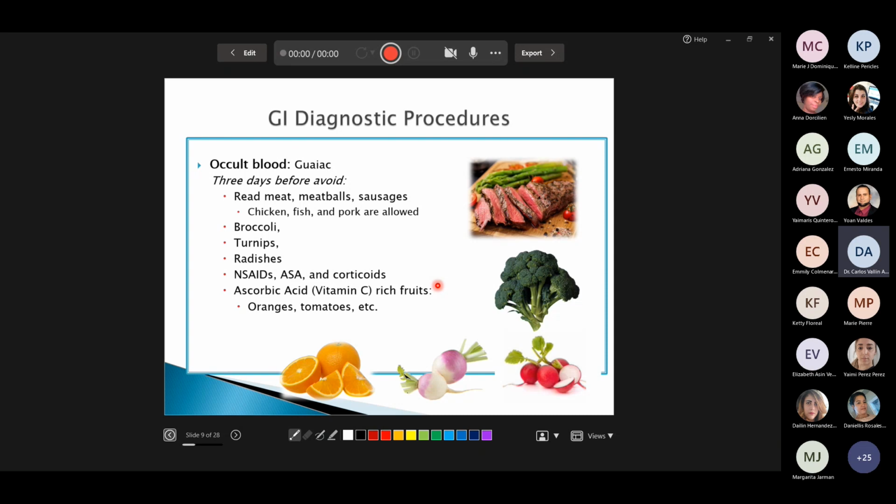Procedures or diagnostic tests. The GI test, okay, I don't know why, but there are many questions about fecal occult blood on the NCLEX, a frequently tested item.